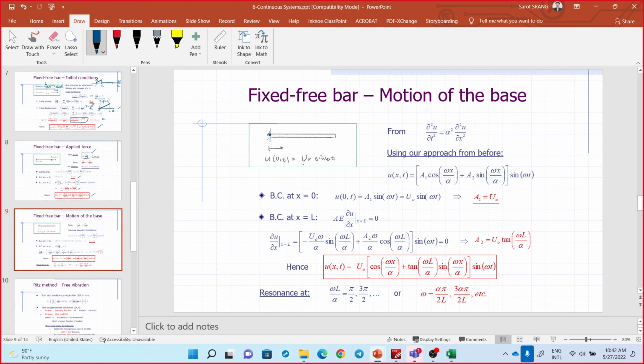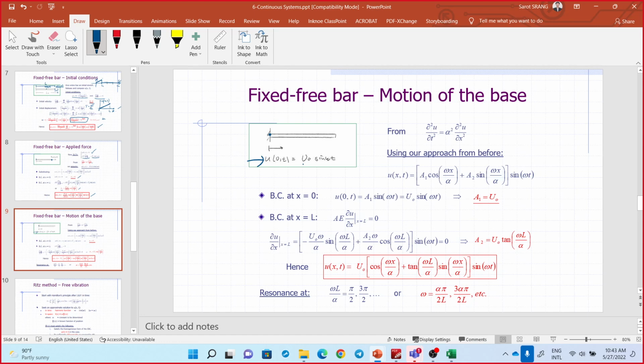So this displacement u here means the movement of the base itself. So this point has movement and the bar itself vibrates, it can displace, and then the total displacement would be governed by the equation that needs to use this boundary condition and the other boundary condition.